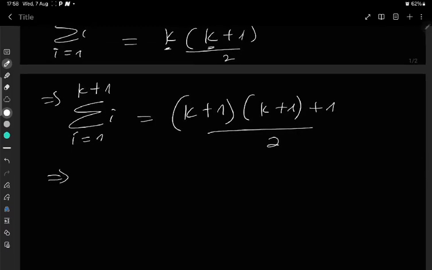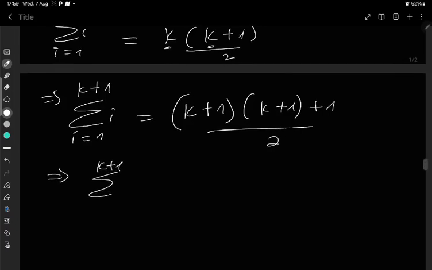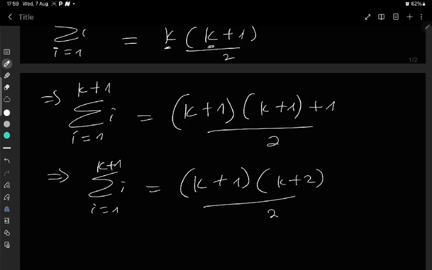Having done that, we can now simplify further. We have the sum of i beginning from 1 to k plus 1 is equal to (k plus 1)(k plus 2) all over 2.